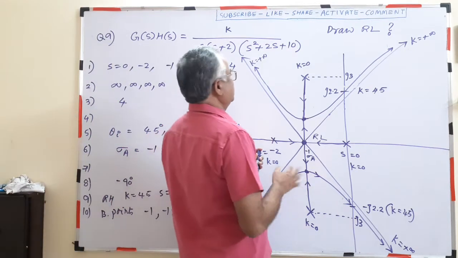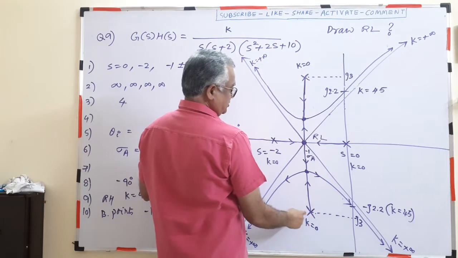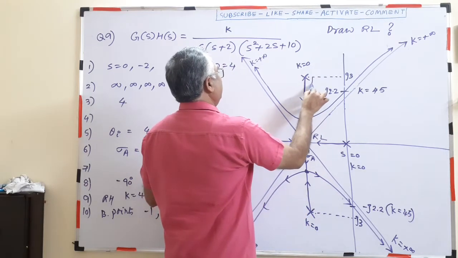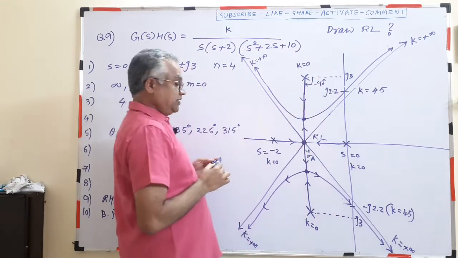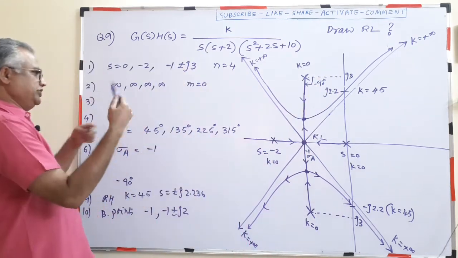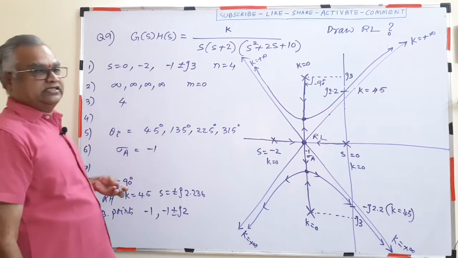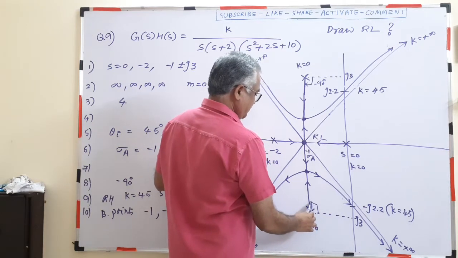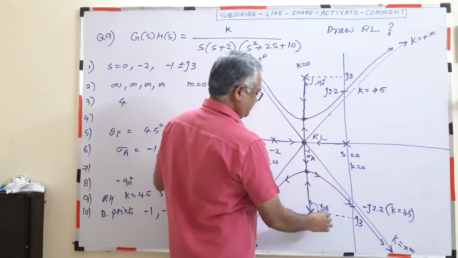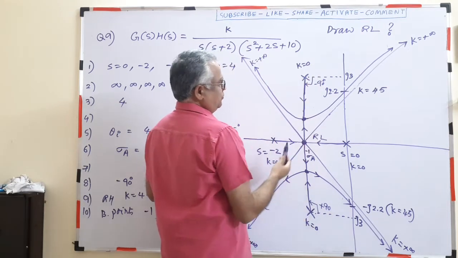You know the procedure for finding the angle of departure of this complex pole and this complex pole. Many problems we solved already. Using that procedure, you will get minus 90 for this one. If this is minus 90, this will be plus 90. So this will come down, this will go up.